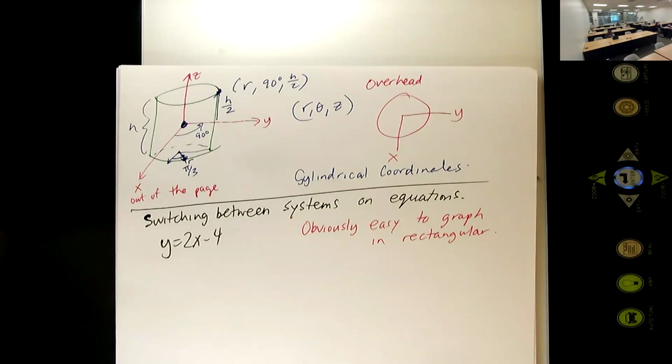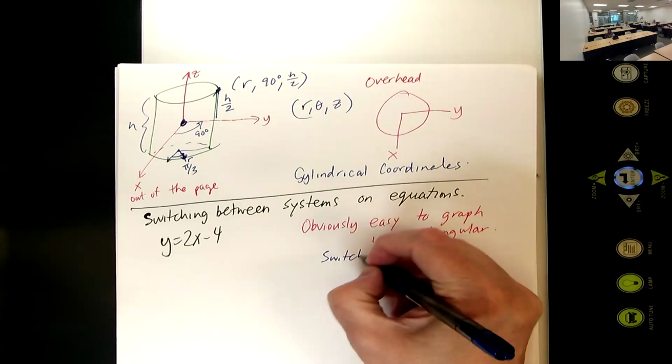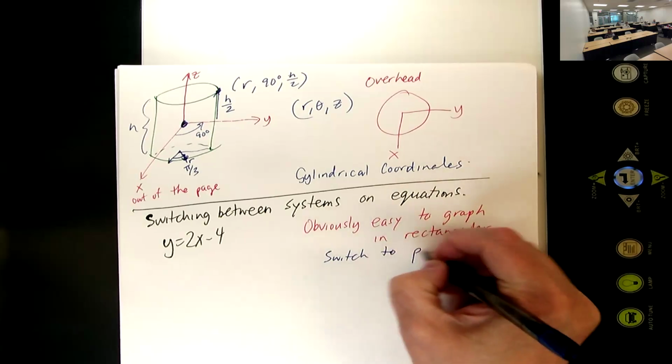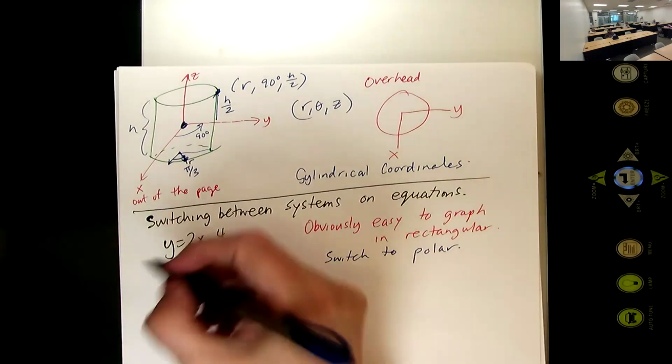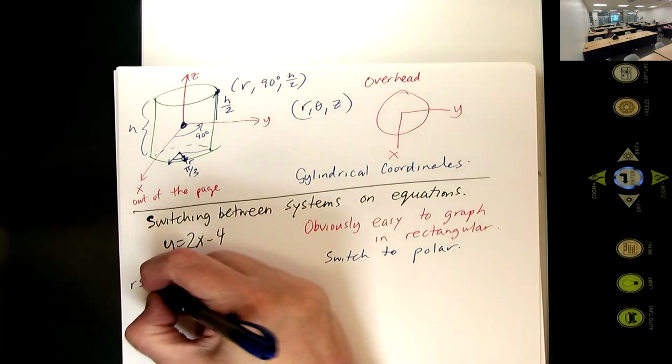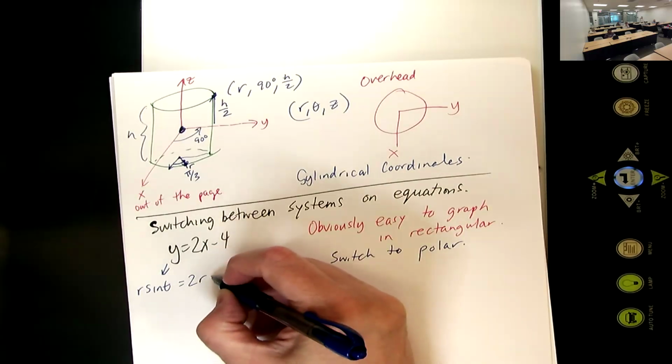So if I wanted to switch to polar, which is where it's gonna be harder to graph, I have to start substituting in things I know. Y is r sine theta, and x is r cosine theta.